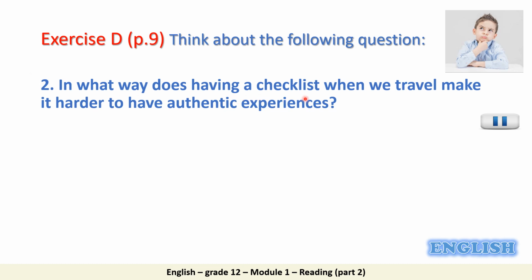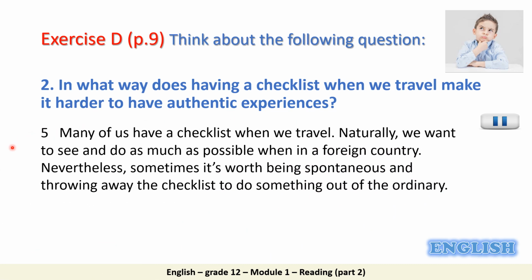Having a checklist and having an authentic travel experience. Can you tell me about the relation between these two things? Excellent. Having a checklist makes it difficult to have an authentic travel experience. But how is that happening? Read this part from paragraph 5 and it will help you find your answer.